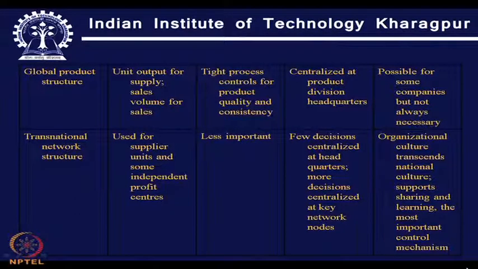In global product structure, output control is unit output for supply, sales volume for sales.